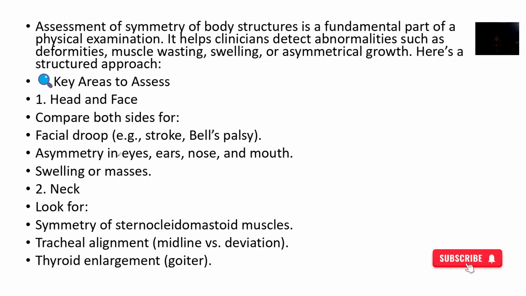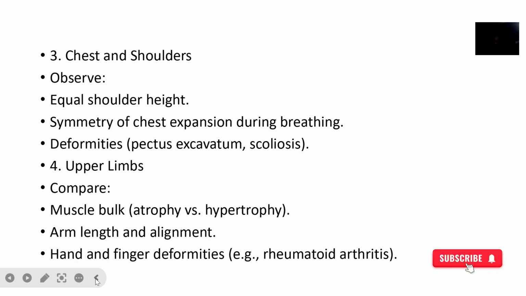On the neck, you're looking at symmetry of the sternocleidomastoid muscles, tracheal alignment, thyroid enlargement. Then on the chest and shoulders, you are trying to see if the shoulders are the same, if the chest is the same. You're also looking for deformities like pectus excavatum, scoliosis, and a lot of them.